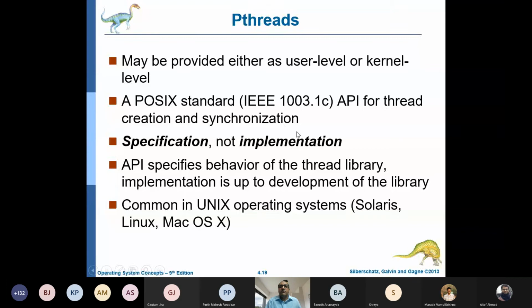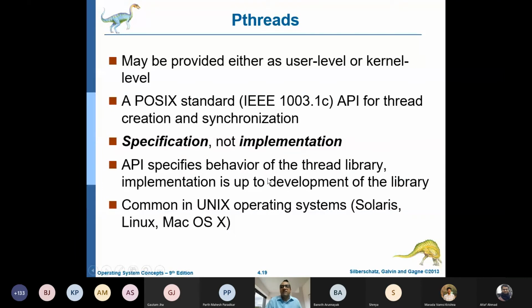So here, for creation and synchronization, these APIs basically provide the specification. It just provides the overall objective, like what will be the input and what will be the output. That kind of specification is provided by the API, and it is up to the developer to support that.